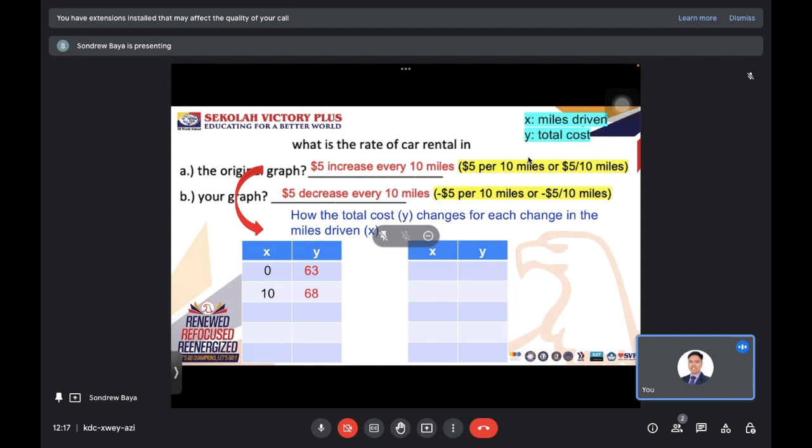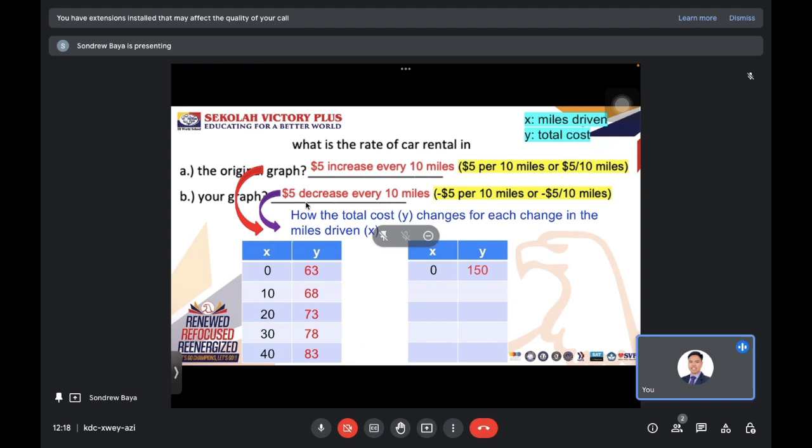All right. Now continuing, covering 20 miles, that means we will increase the y by $5. So it's now 73, and so on and so forth. For the other one, again, remember, if you take the promo, you're going to pay $150. But then the rate for the second table of values is every 10 miles, that's a decrease of $5.